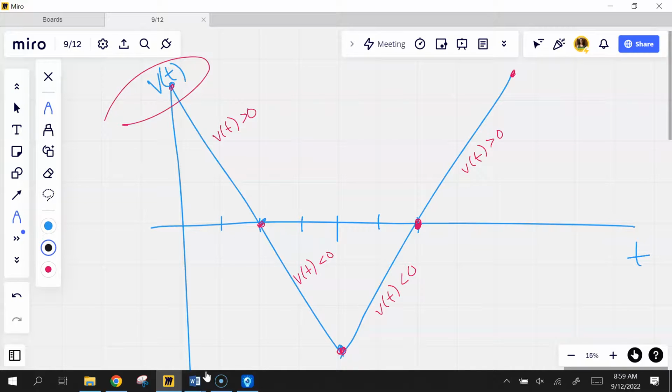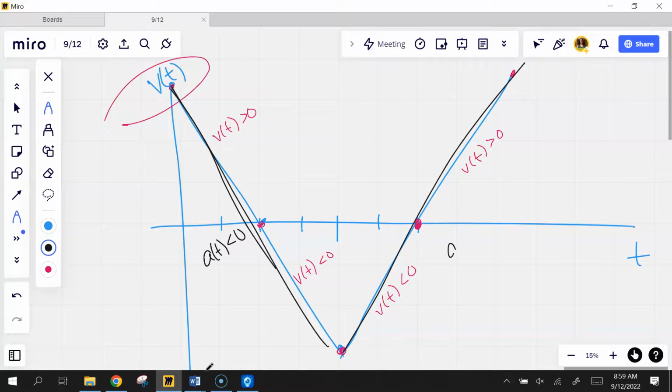So here, this is a constant slope, agreed? Positive or negative? So this whole acceleration is negative. How about the other side? It's positive.